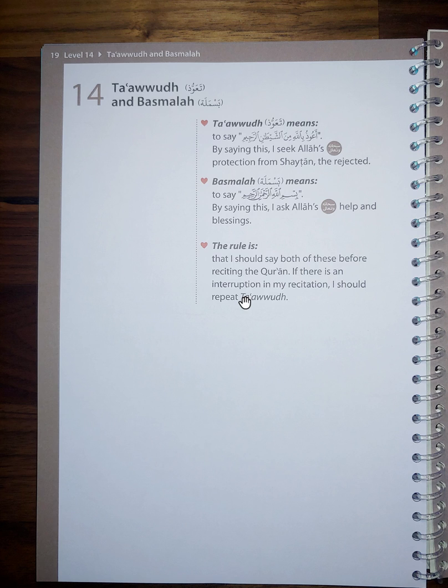Now in the middle of your reading, if you are disturbed or interrupted for any reason, for example the teacher stops the class to do the register or to explain something, when you go back to reading your Quran, you will just read A'udhu billahi minash shaitanir rajim, and carry on reading from where you left off.